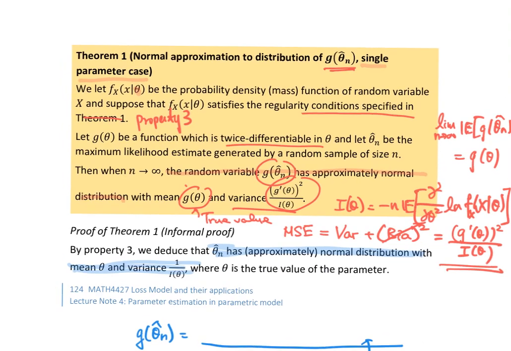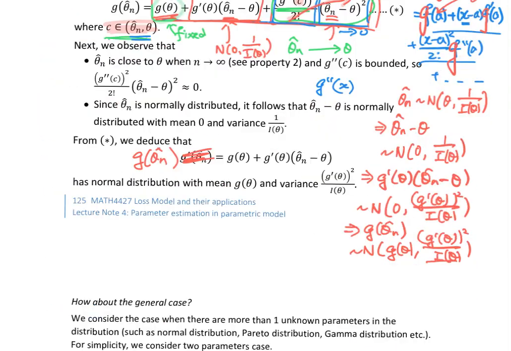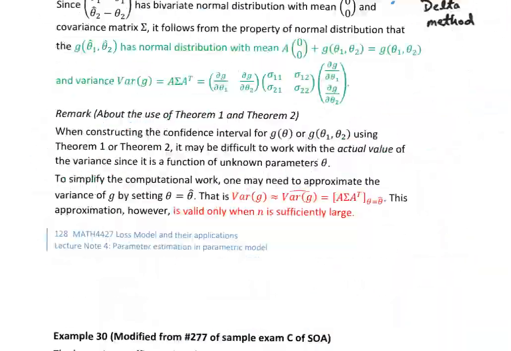So G of alpha hat has approximately a normal distribution with the mean equal to G alpha and the variance equal to G prime alpha all squared divided by I alpha. Let us just try to apply these results.